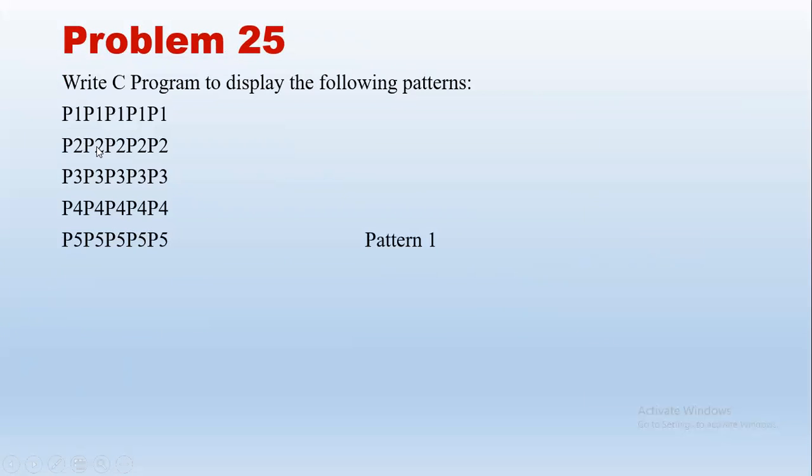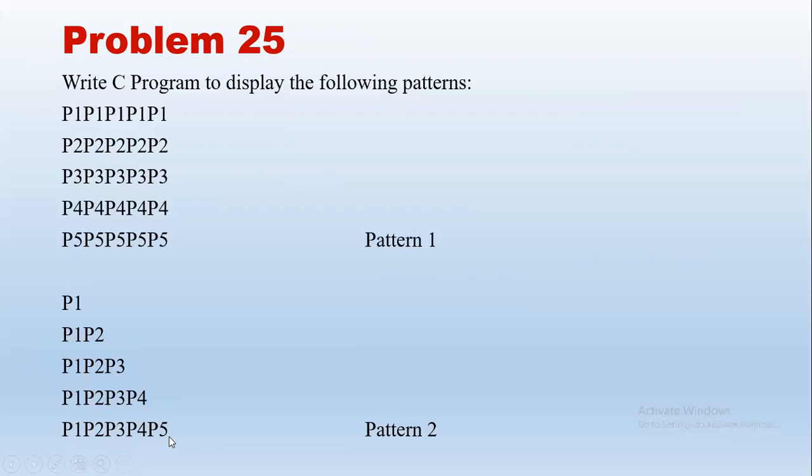The second part of the question is another pattern, pattern 2. Please observe this pattern with P1, just one value in the first row. The second row has P1, P2, 2 values, there are 3 values in the third row, the fourth row has 4 values, and similarly the fifth row has 5 values.